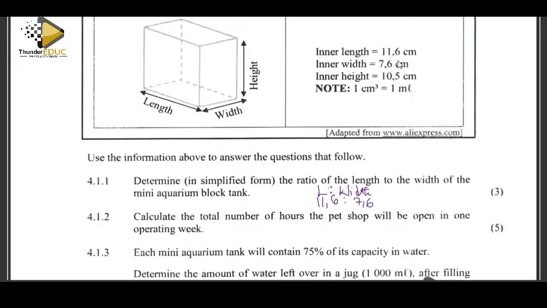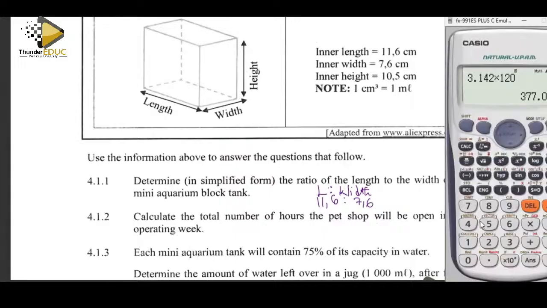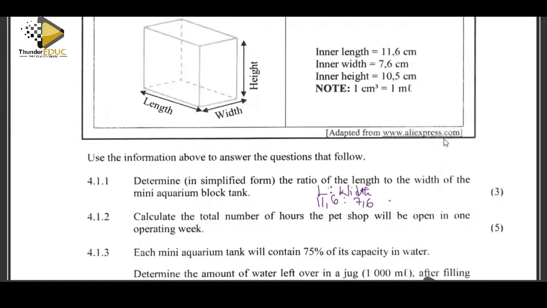You can put this in your calculator. Take it to be 7,6 divided by 11,6. The answer becomes, and you can write that in simplified form. You can't go any further. It's 19 is to 29.